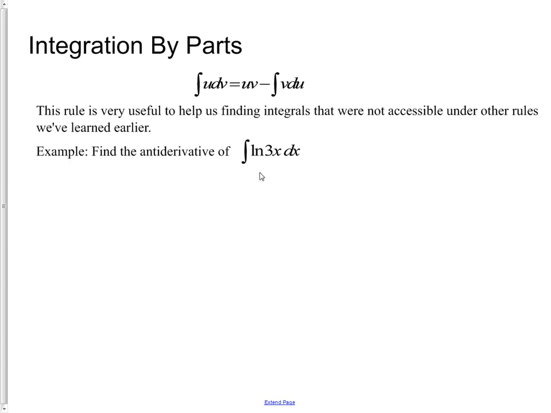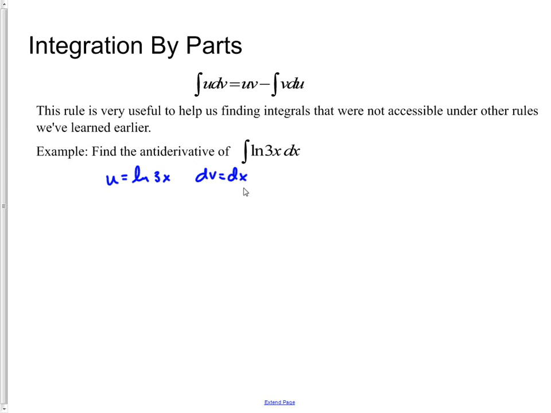So what we need to do right here is make the obvious choice and let u be the function natural log of 3x. That replacement right there means that we can let dv be replaced with dx.